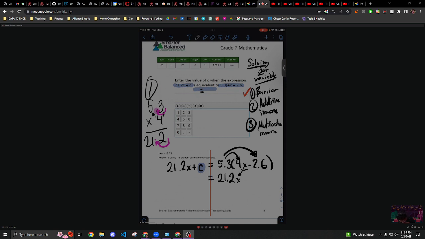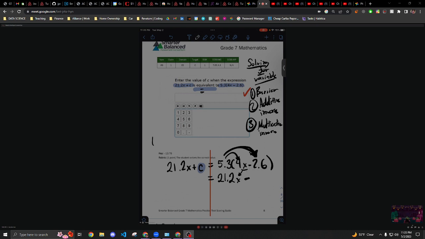And then we also have 5.3 times 2.6. Let me bring down the negative, or subtracting. And let's do 5.3 times positive 2.6. If you're wondering why it's positive, why is it not negative? It's because we bring down the subtraction, and what you're left with is a positive 2.6.